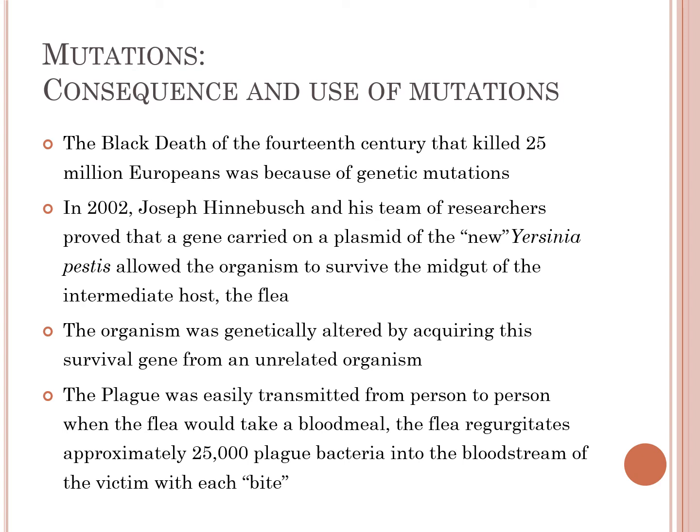This organism was genetically altered by acquiring the survival gene from an unrelated organism. The plague then was easily transmitted from person to person because the flea would be able to take a blood meal. The flea then regurgitates approximately 25,000 plague bacteria into the bloodstream of the victim with every bite. And that was all because of a mutation. Yersinia mutated and no longer died inside the gastrointestinal tract of the flea.